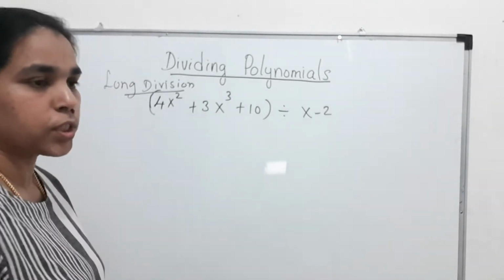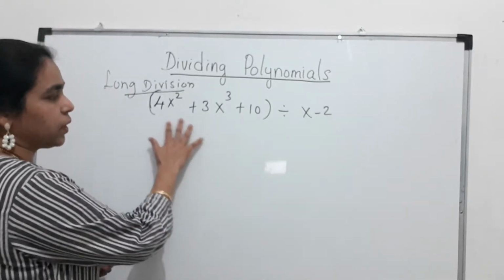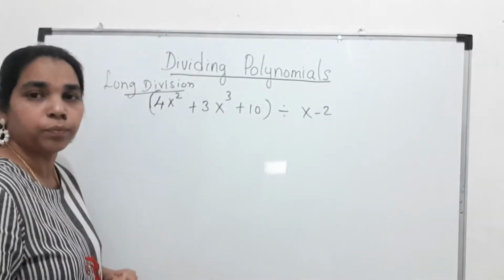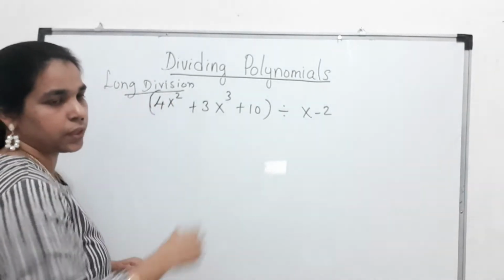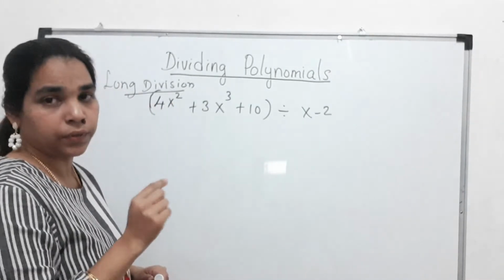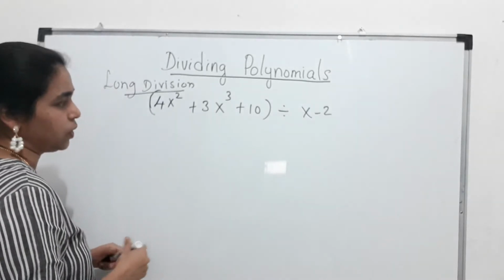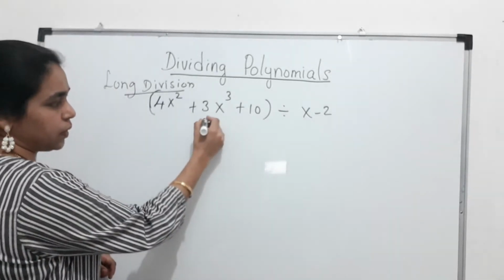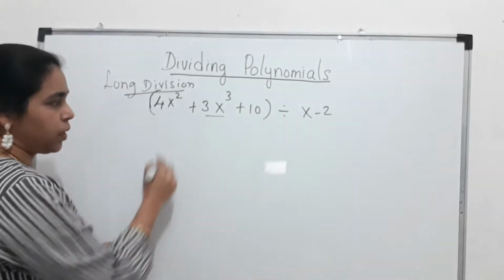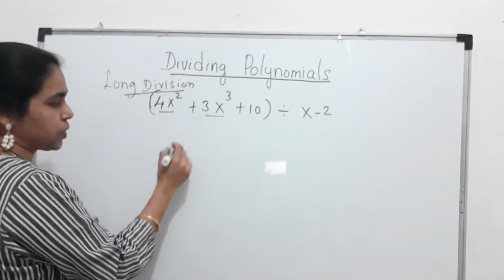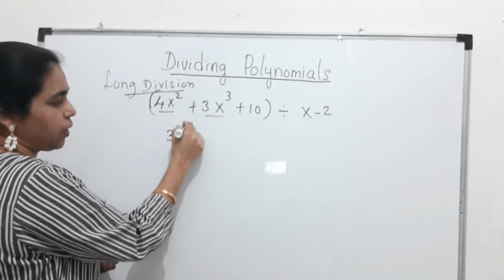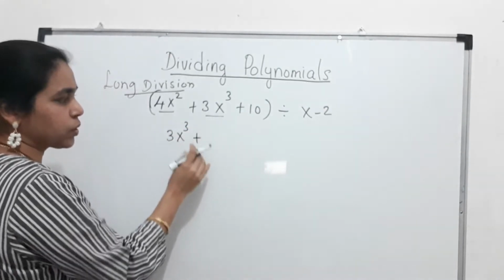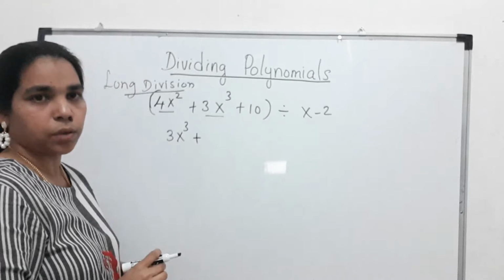For that, the first step is you have to write the polynomial in standard form. Standard form means you have to write the terms in the decreasing order of degrees, like exponents. In this case, this one is cubed and this is squared. So first of all you have to write 3x cubed, and you also have to check whether all the terms are present.